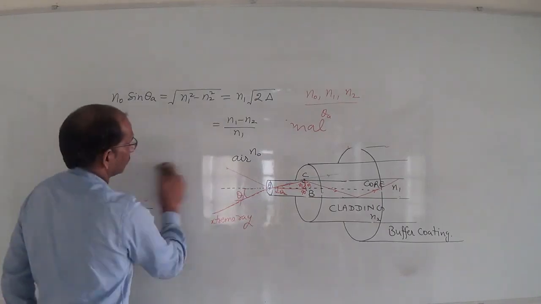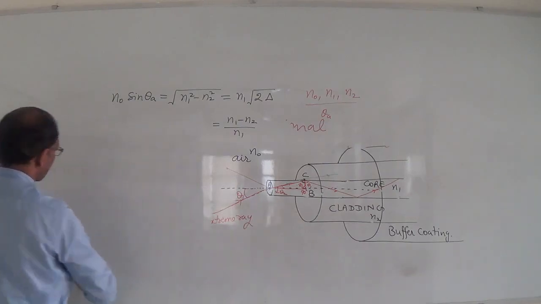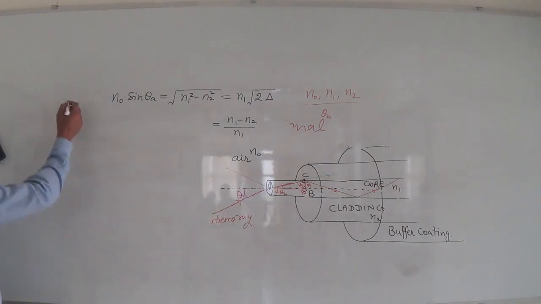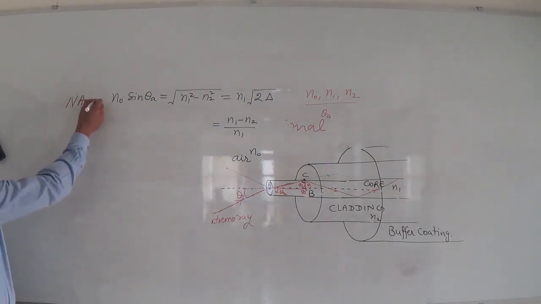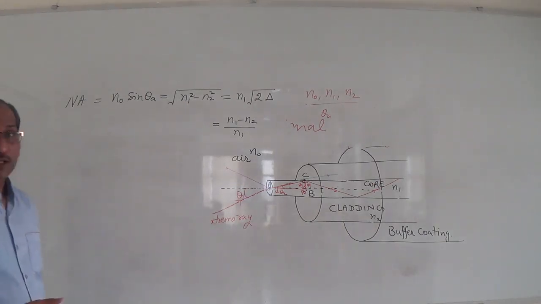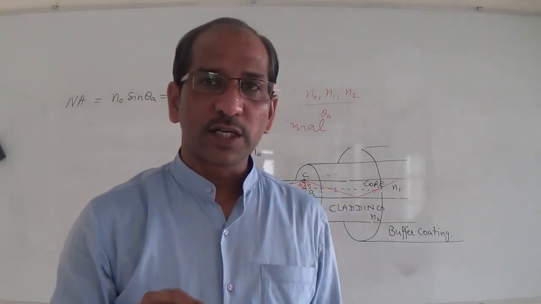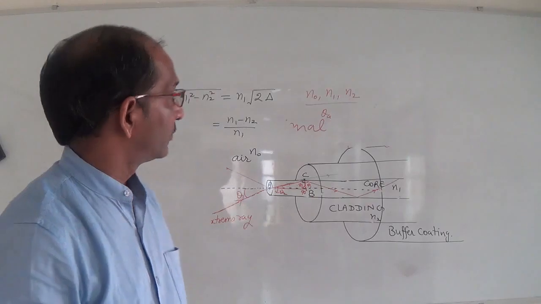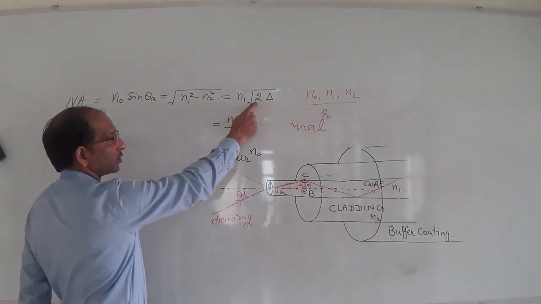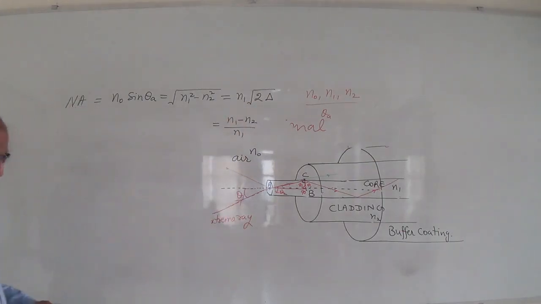So in this way, mathematically one can define the numerical aperture. The numerical aperture is defined by n naught sin theta A, the square root of the difference n1 square minus n2 square, and again the third formula is n1 square root 2 delta, where delta is the fractional refractive index.